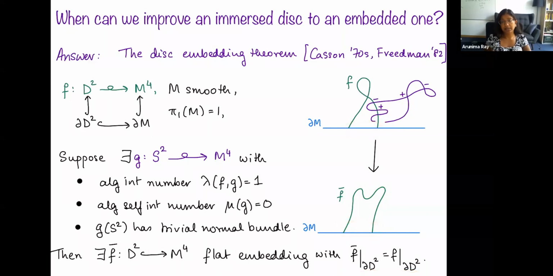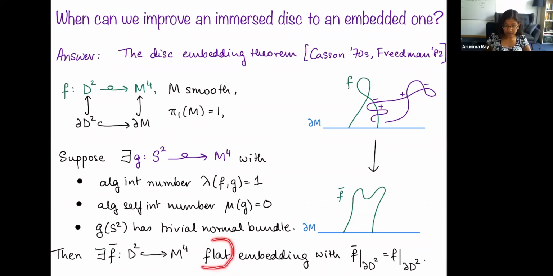But there is a price that we have to pay, and the price is encoded in this word flat. So flat here means that the disk comes with a neighborhood which is homeomorphic to D2 cross D2. However, there is no version of this theorem which has the word smooth that I can write down over here. And so this is where we lose category, by the way.